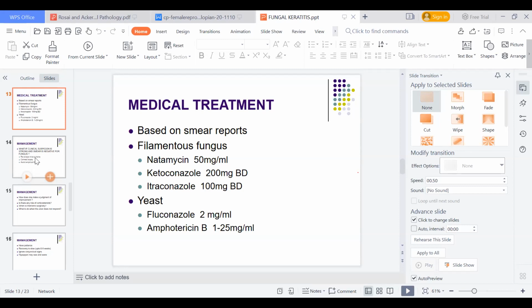Once you establish that you are dealing with fungus, then you start targeted therapy. If you are dealing only with fungus, topical antibiotic is not really required. You can continue only with topical antifungal. And debridement of epithelium is important because there are two issues here.